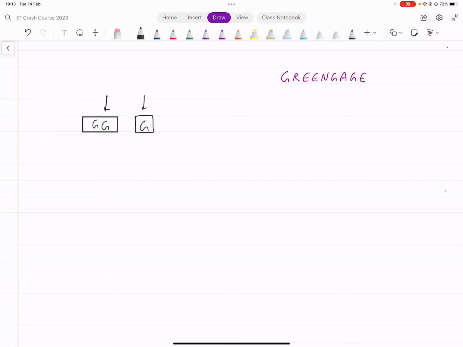They cannot be together. So we've got one box in which we've got 2 G's, and one box in which we have 1 G. We want that these 2 do not come together, because otherwise we would have 3 G's together. All right. Now, how do we think about this?